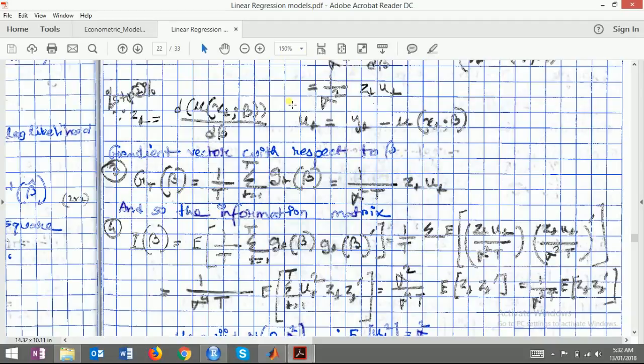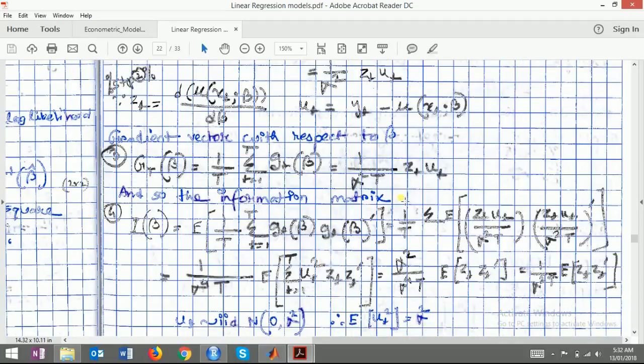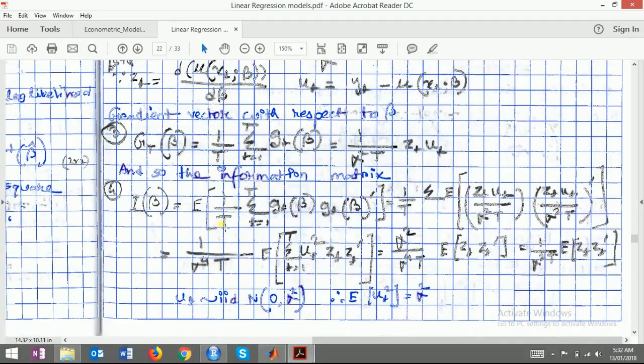The gradient first derivative is 1 by sigma square, zt ut. The gradient vector, the whole with respect to beta, is simply t added. And so the information matrix is the gradient multiplied by the gradient transpose, 1 by t, which is 1 by t, zt ut. Well, we just replace gt with the values that we have derived.